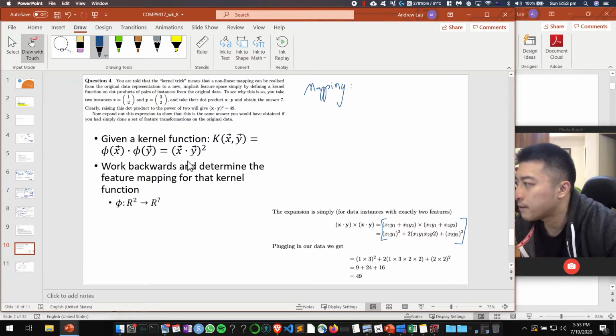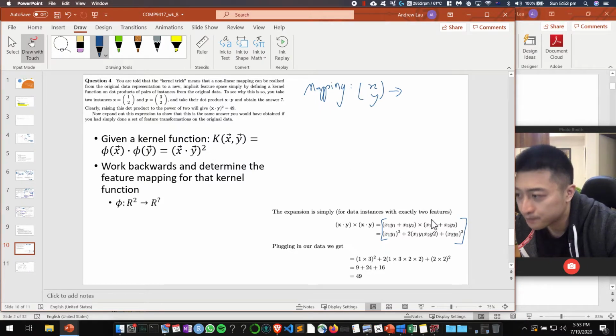we know that the kernel function is just the normal dot product between the two of them, right? So we have x, y, and we want to work out what it gets mapped to. We're told that the dot product is the same as just squaring it, right?